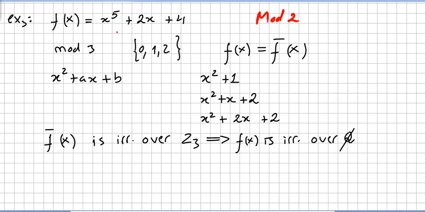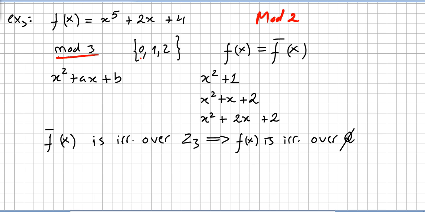So the best thing is to go to our last theorem, the irreducibility test. But we have to change the P here. So let us change, for instance, to mod 3.